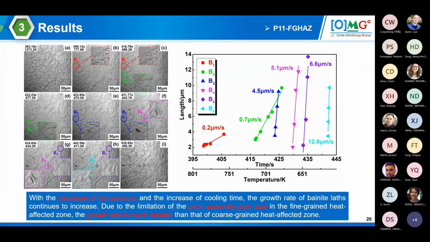So this is for the P11, for coarse grain, with a growth rate spanning from about 10 micron per second to about 200 micron per second, and for fine grain, a much retarded growth rate.